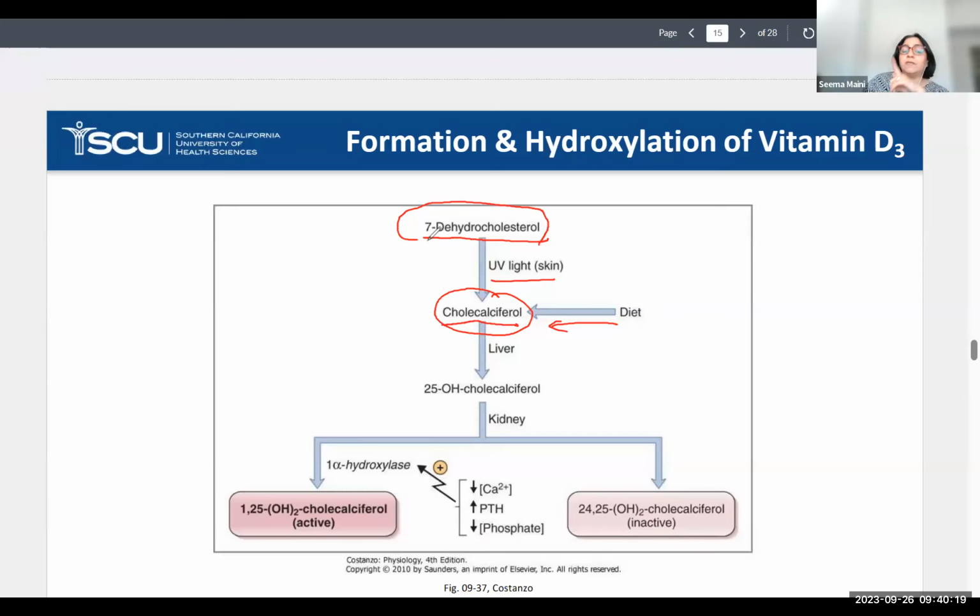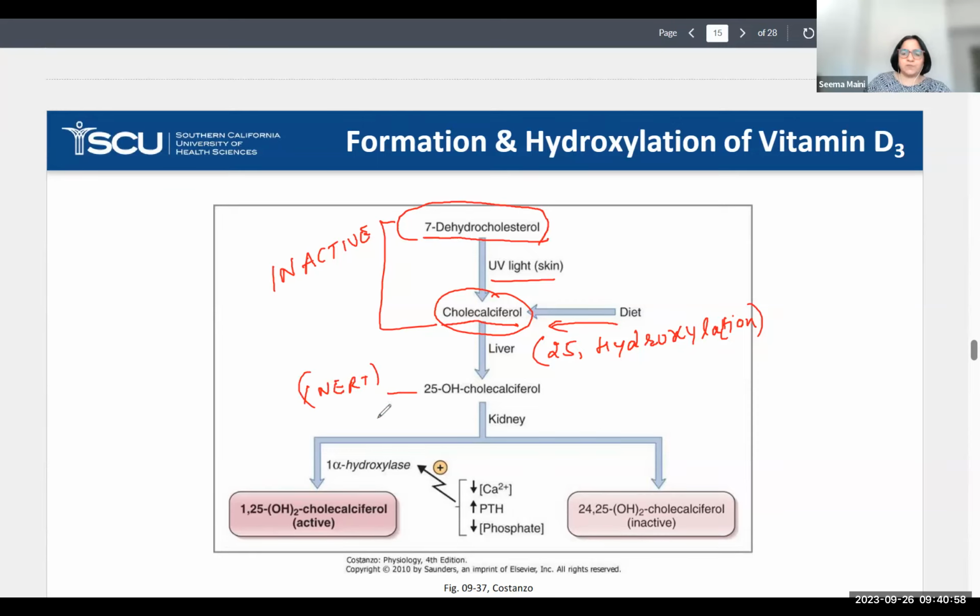So whatever we have in skin or whatever we consume, it is still inactive. It is not physiologically active. It needs to be activated in the liver. There is 25 hydroxylation that takes place in the liver. You have to remember 25 hydroxylation takes place in the liver. Now, 25 hydroxycholecalciferol is still inert, has no action.